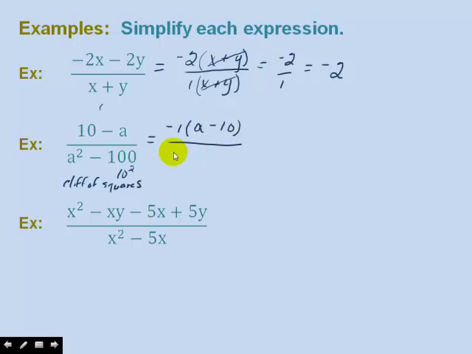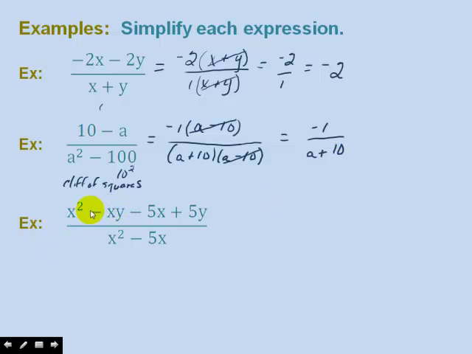So that would give us a plus 10 and a minus 10. And notice now, since we rewrote our numerator, we do have the a minus 10 factor, which is in common between the two. So we can cancel that one out. We end up with -1 in the numerator and a plus 10 in the denominator.